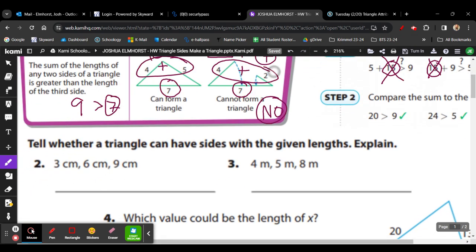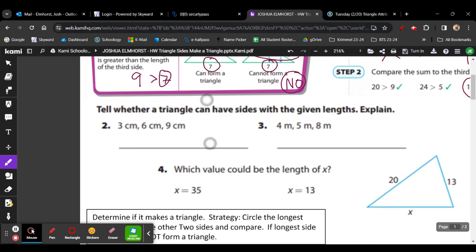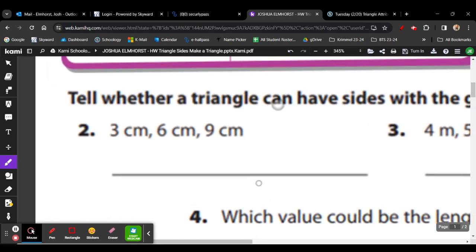So now let's apply that with question number 2. Question number 2, we have side lengths 3, 6, and 9. Which one is the longest? 9. So now that we've circled the longest side, move that down to the line. So we're just saying we are looking at the comparison of the longest side being 9, and can we make a triangle?